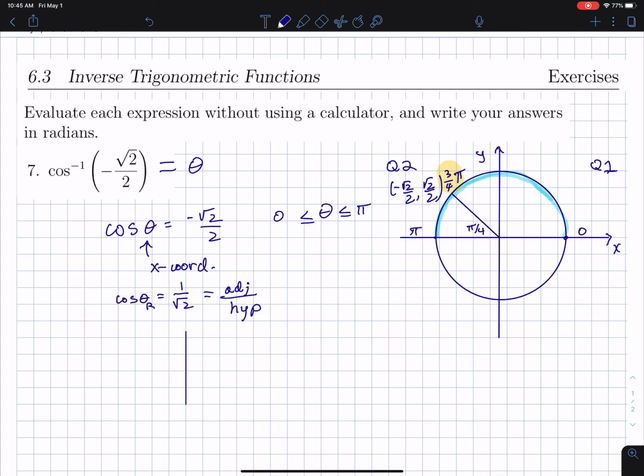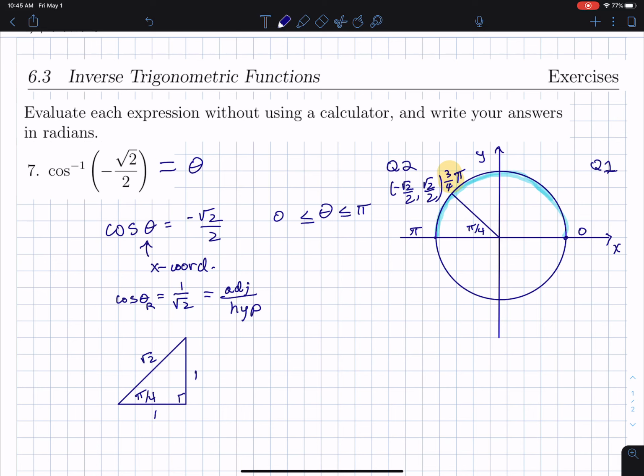Maybe I've memorized this also. If I have 1, 1, rad 2, that corresponds to pi over 4. So that's how I get the reference angle.